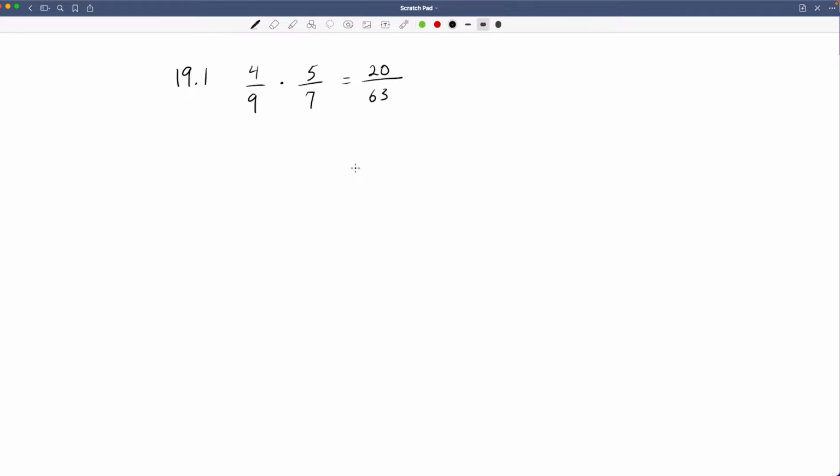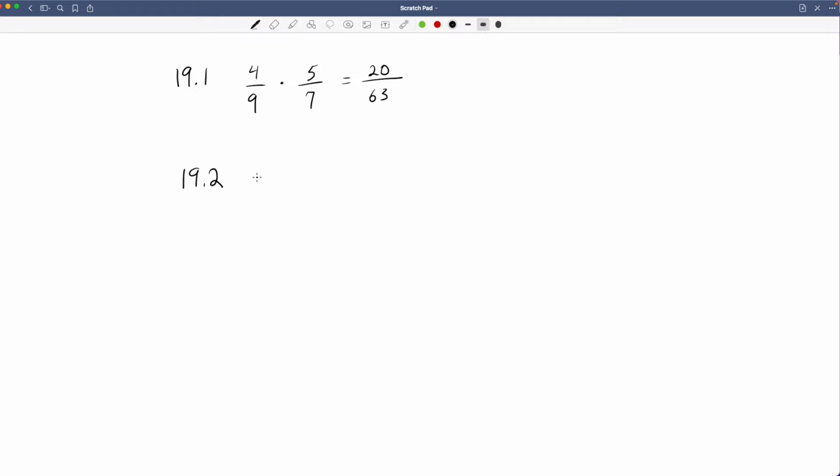And there is not a common number that we can reduce these by. The factors of 20 are 2, 2, and 5, and the factors of 63 are 3, 3, and 7. So there's nothing that we can combine to be able to divide both the top and the bottom of the fraction to reduce.